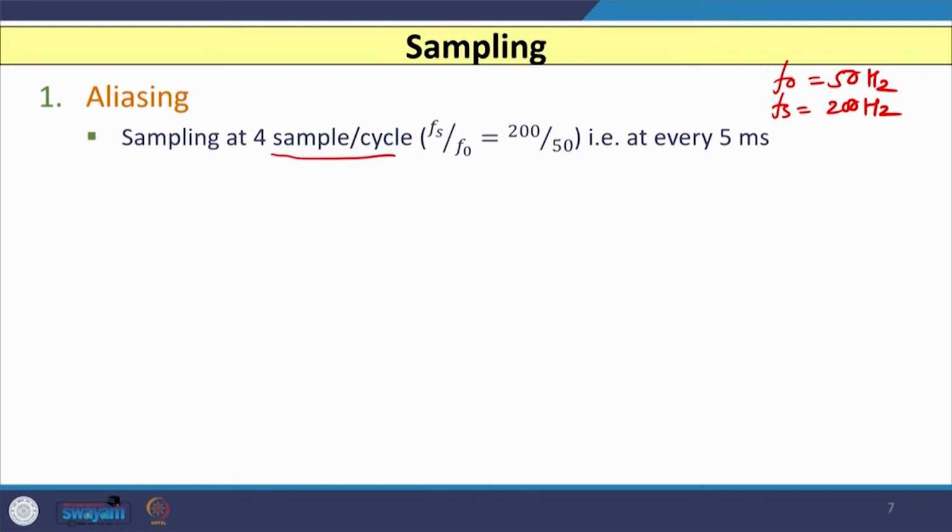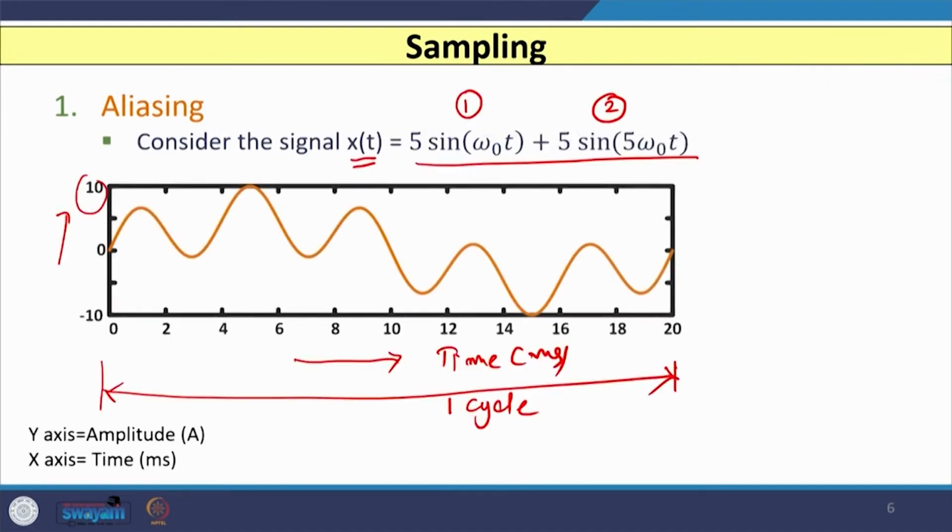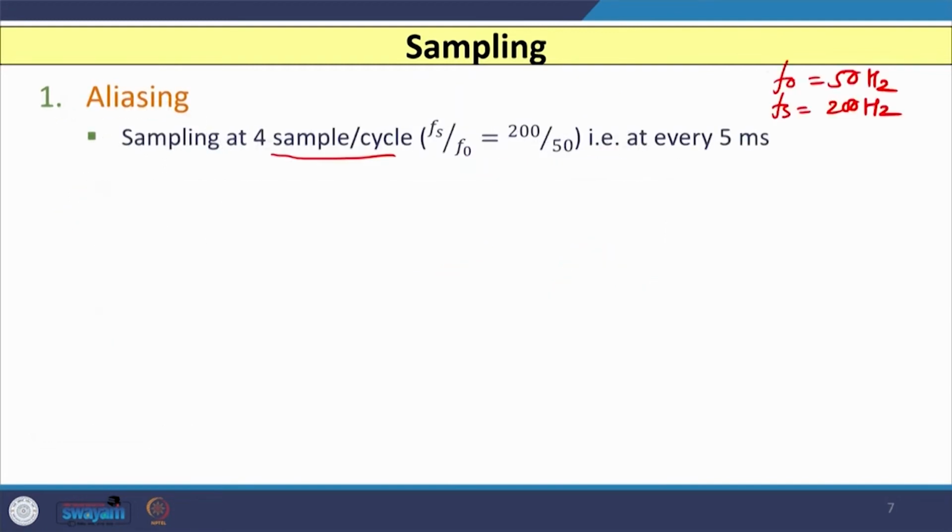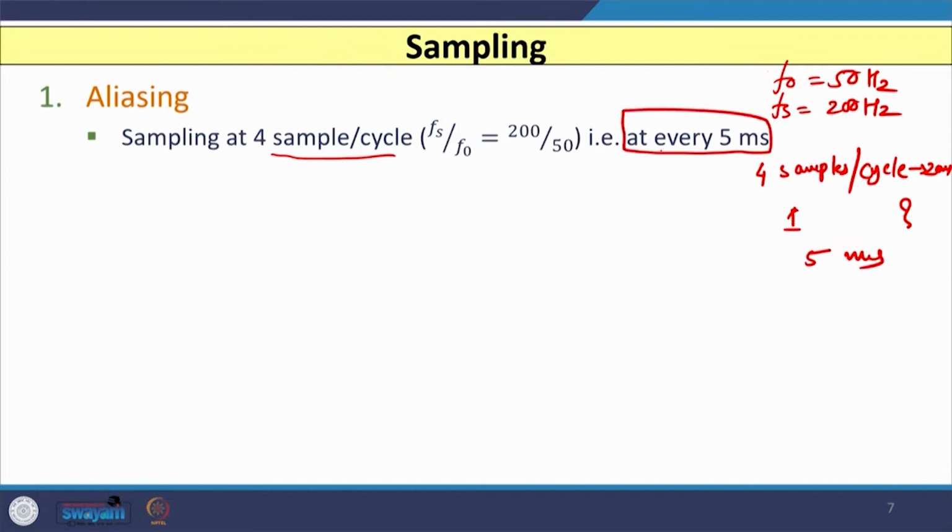On the time axis, as I told you, we have 20 millisecond. So, for 4 samples in a cycle, if we have 20 millisecond, then for one sample we have obviously 5 millisecond. So, at every 5 millisecond we have to acquire a sample.